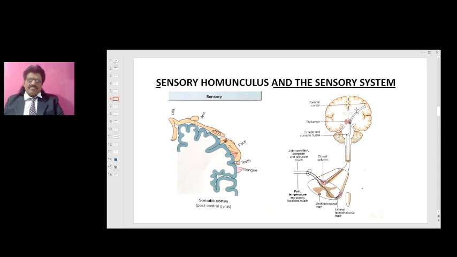So the sensations go through the thalamus and then finally reach their destination, the parietal cortex.